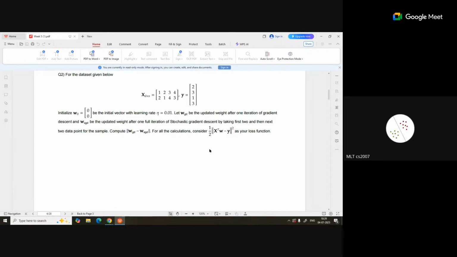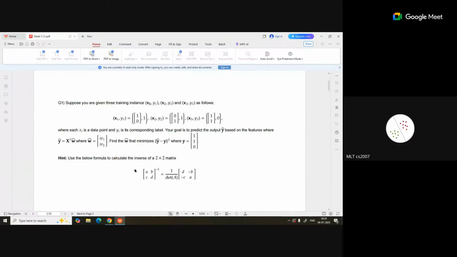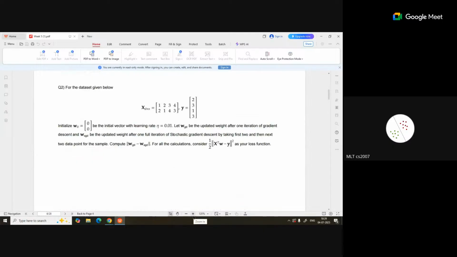If required, like W hat, which is X transpose X inverse X Y, we'll be providing you the formulas, but not for everything. Let's say you need it for W star, that will be provided to you. If the formula is too complex, it will be provided. Otherwise, a separate formula sheet will not be there. Okay, sir. Thank you, sir.